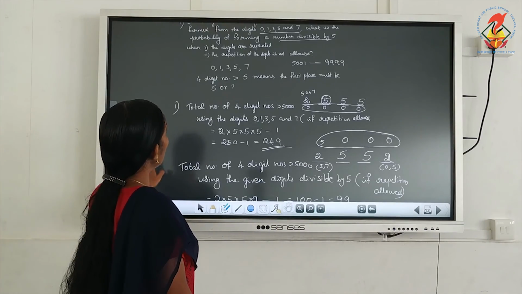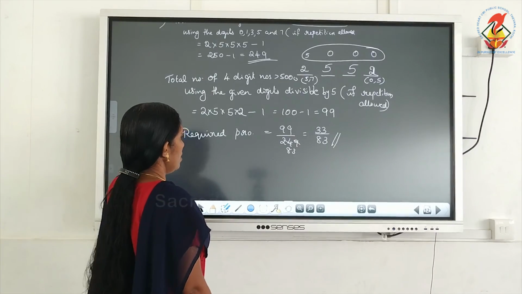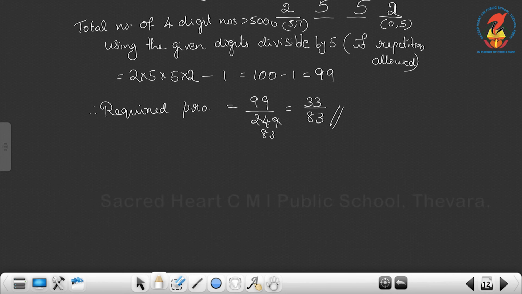The question is the same but repetition is not allowed. So we have to find the numerator and denominator, both. First the denominator part, that is, the 4-digit numbers greater than 5000 using the given digits if repetition is not allowed. The first place we can fill in 2 ways, 5 or 7.